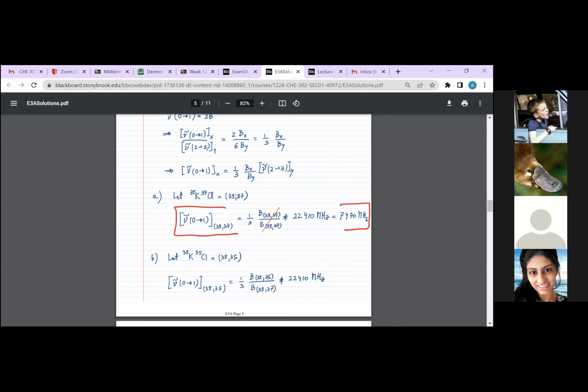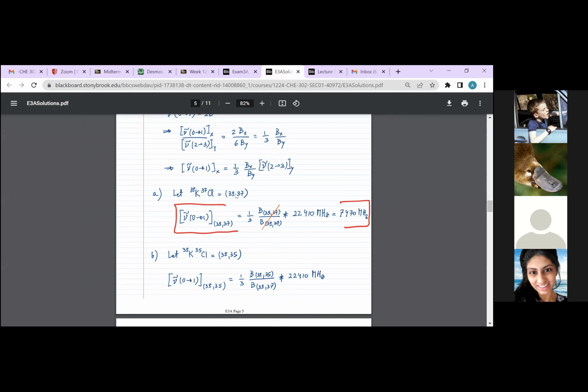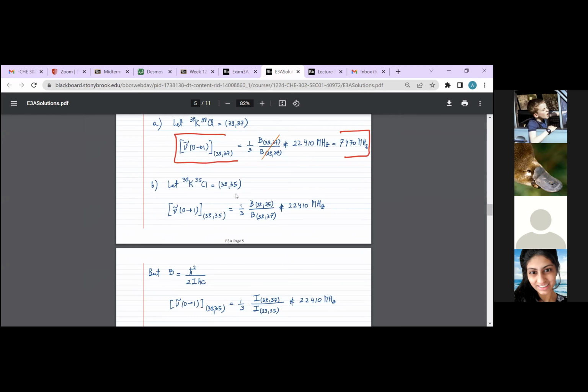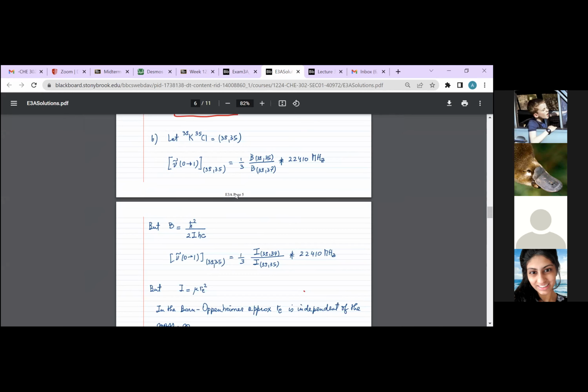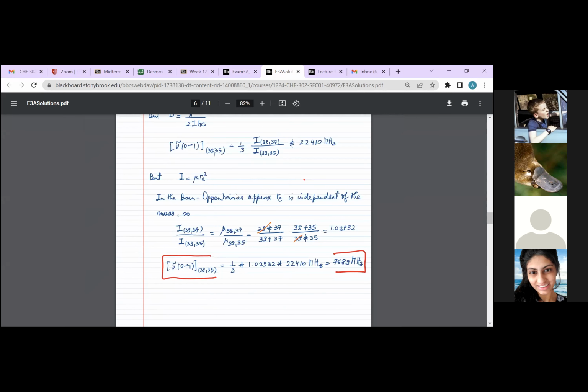They did it a different way, and I got the same answer, but I did it another way. For part B, I also did it a different way, and my answer was like 200 below the actual answer. So I just wanted to go through the way I did it and see if I can actually do it that way.